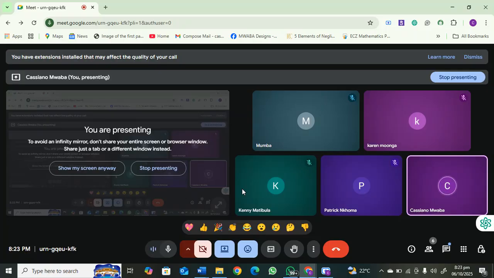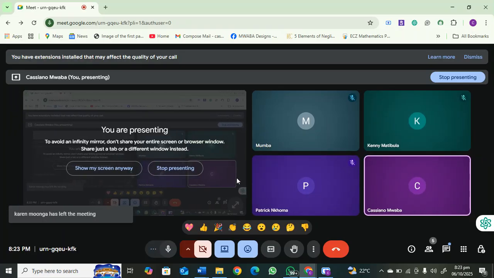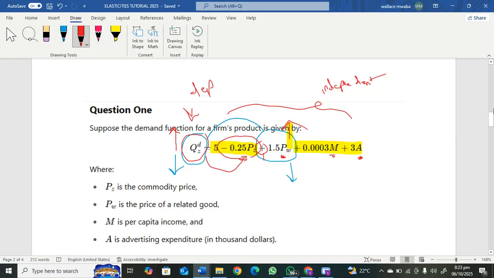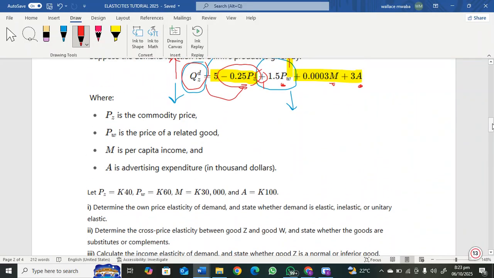Now, we are looking at the elasticities here. In the question, they've told us PZ equals 40 kwacha, PW equals 60 kwacha, M equals 30,000, and A equals 100 kwacha.